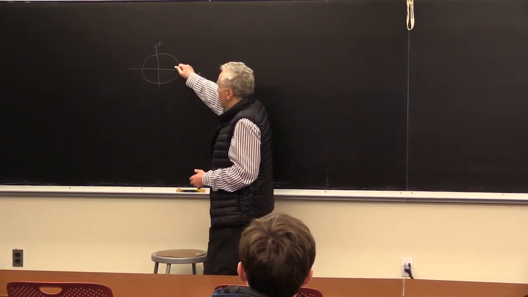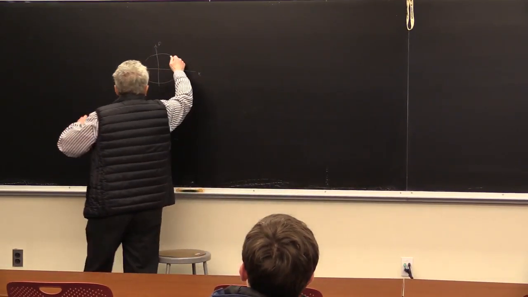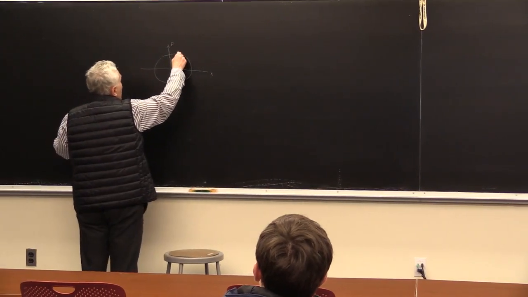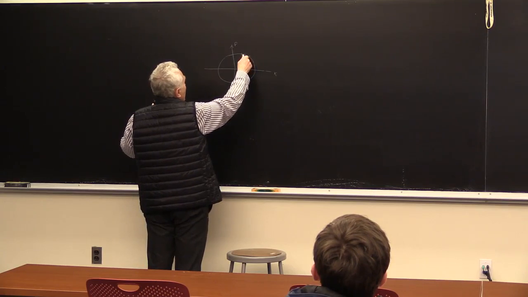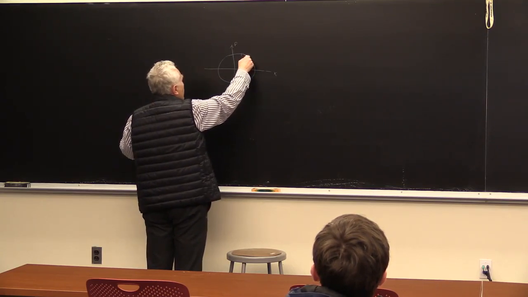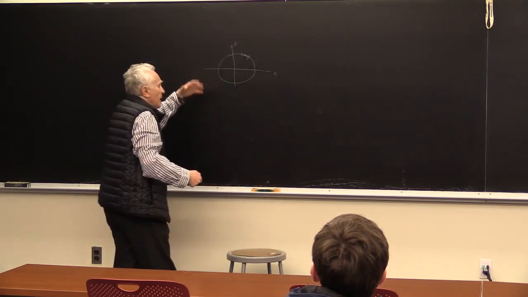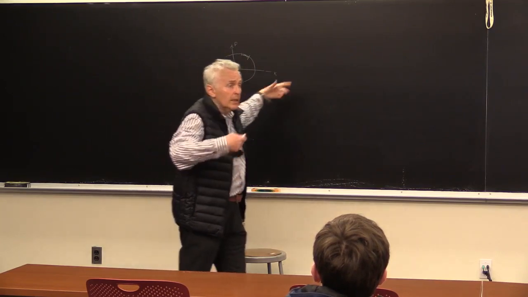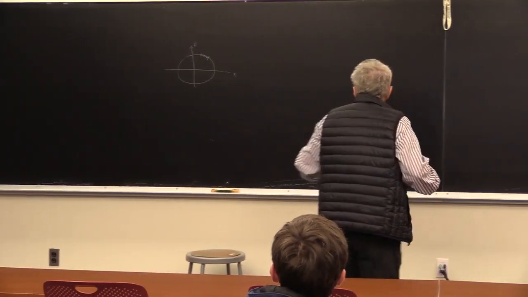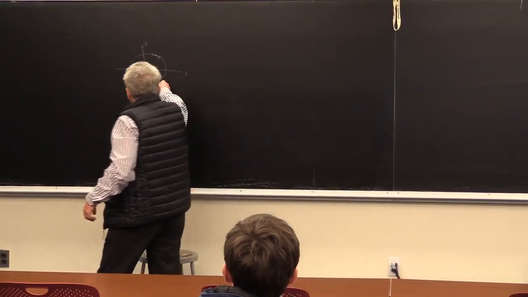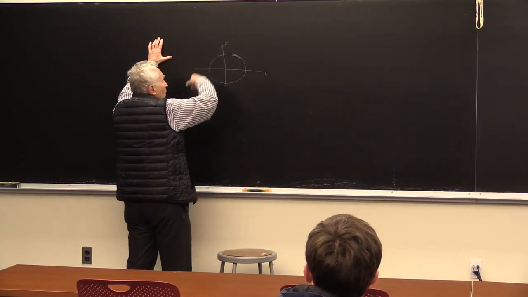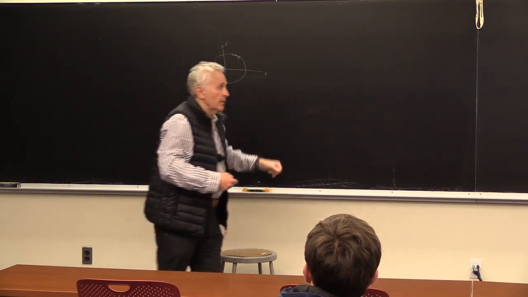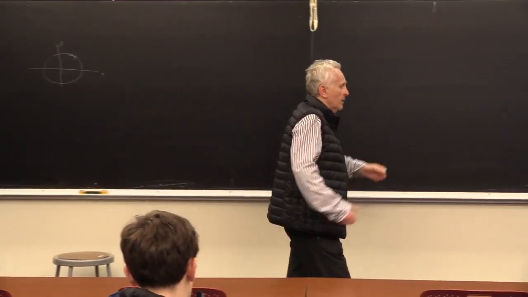Like here, the particle moves along the circle, and roughly speaking, the average time the oscillator spends in this interval is proportional to the length of this interval. Or in simple words, the point representing the harmonic oscillator winds around with a constant angular velocity.